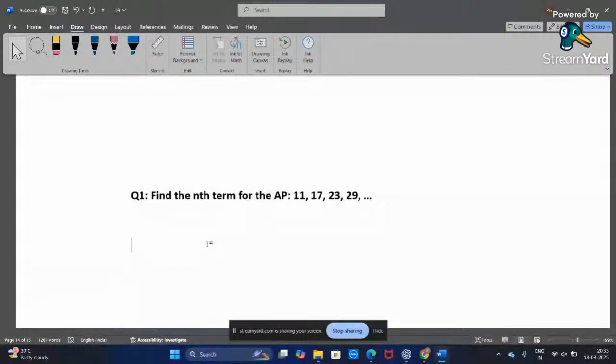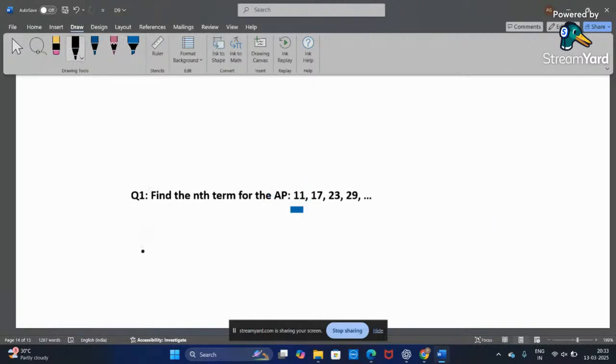How to solve this type of questions? What is A here? The first number is your A. What is D here? The difference between first and second is your D. See, there is the same difference.